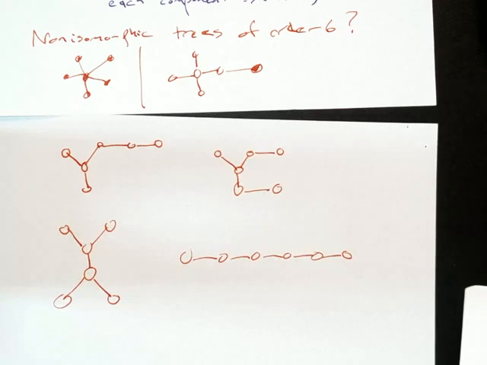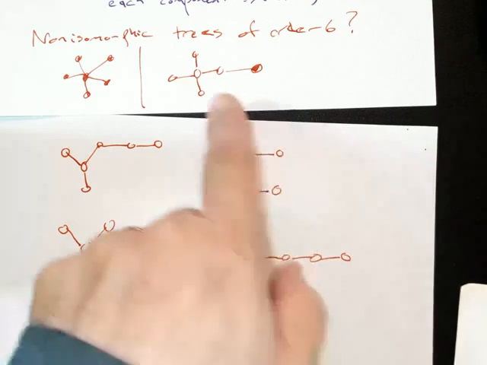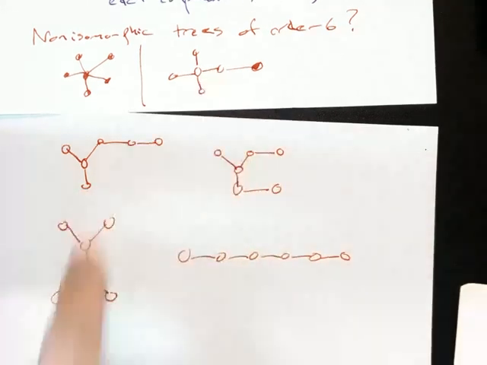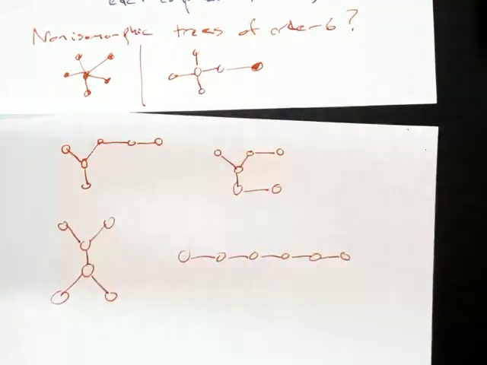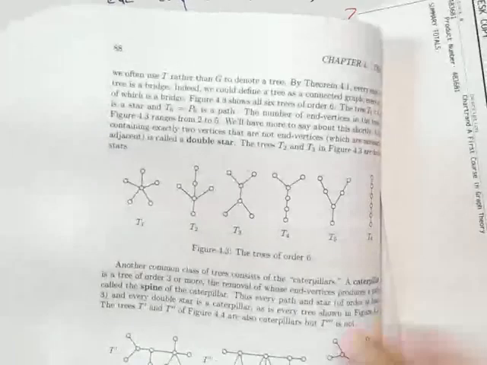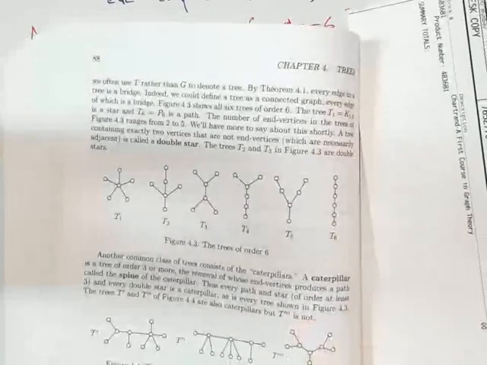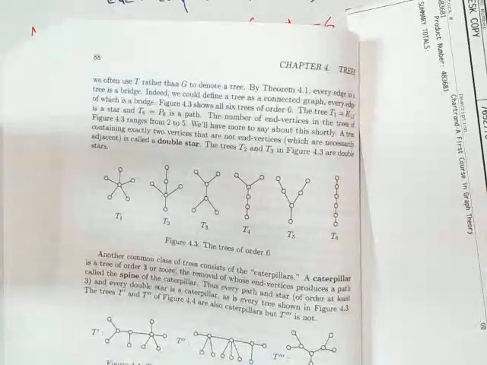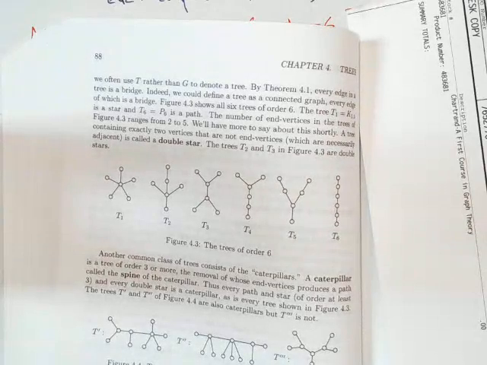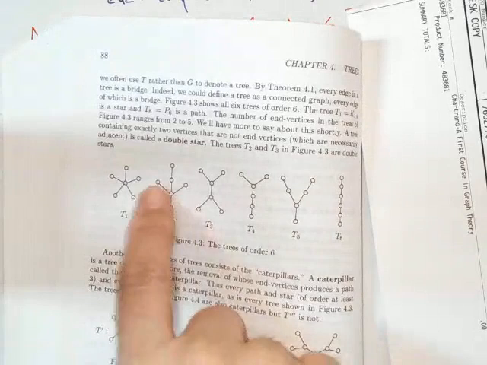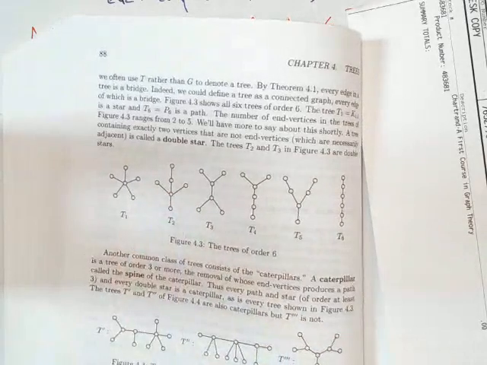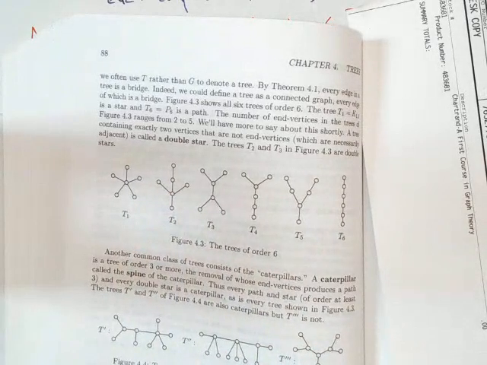Now, normally, I draw this one looking more like one of these. Page 88, here are those 6 trees. Maximum degree 5 is a star. This is the maximum of degree 4. I drew these bottom 5 as a cross, but they drew it as a Y here.